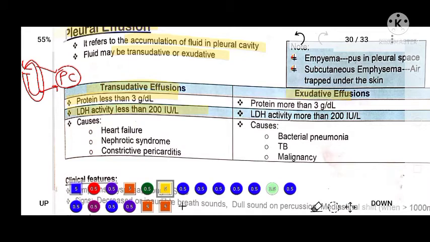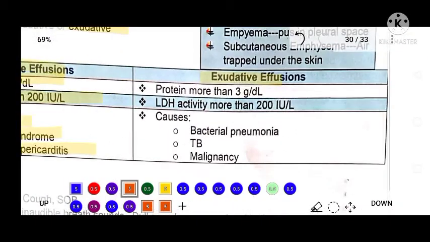And the causes of transudative pleural effusion are heart failure, nephrotic syndrome, constrictive pericarditis. So these are three important causes of transudative pleural effusion. While exudative pleural effusion has protein more than 3 gram per deciliter and LDH, lactate dehydrogenase, activity is more than 200 IU per liter, and the causes of exudative pleural effusion are bacterial pneumonia, TB, and malignancy.